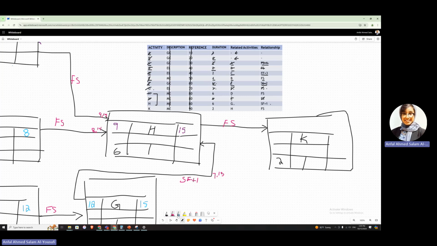And the starting point is 15, there's no plus. If it is going to take us 2 days, we are going to finish it in day number 17.